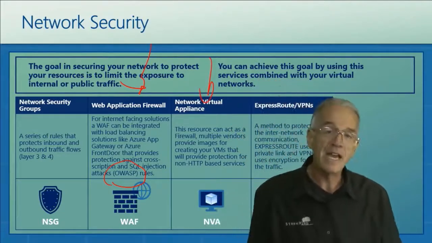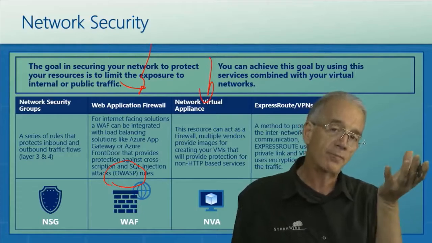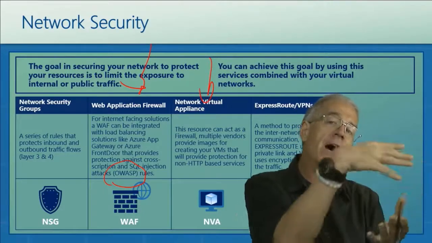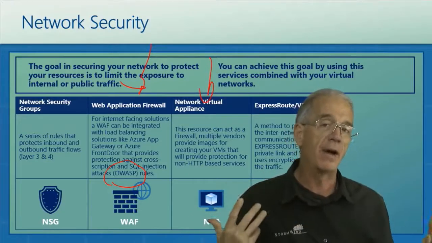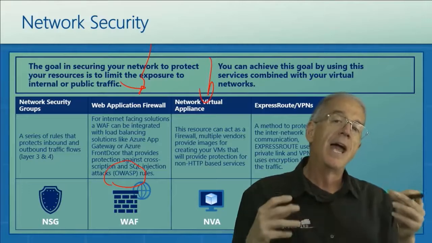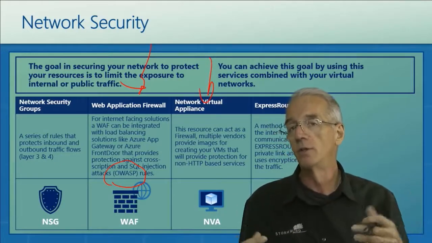And so with this, I can have an appliance, and I would set that out as a route destination. And so as the traffic flows out or as the traffic flows in, depending upon how I have it configured, it'll go through that network virtual appliance, and then whatever the third party does, it's going to do that.